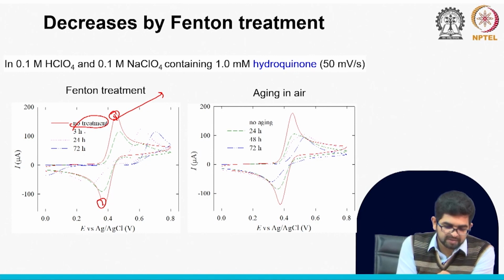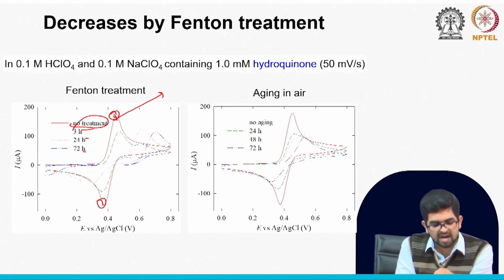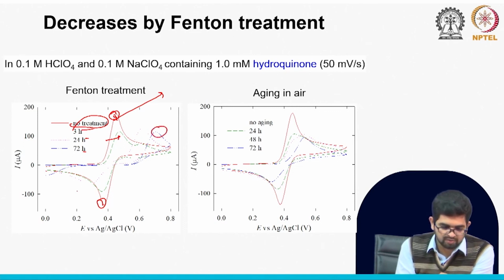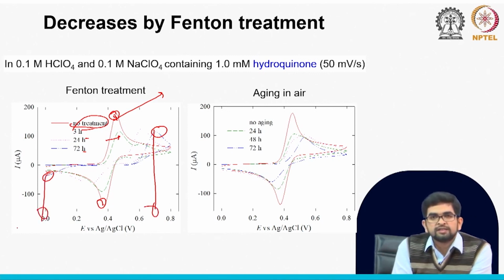But when you go for the treatment of 3 hours, 24 hours, 72 hours, slowly we are increasing the time of the treatment. You see the peak shifted quite far after longer incubations with Fenton's reagent.